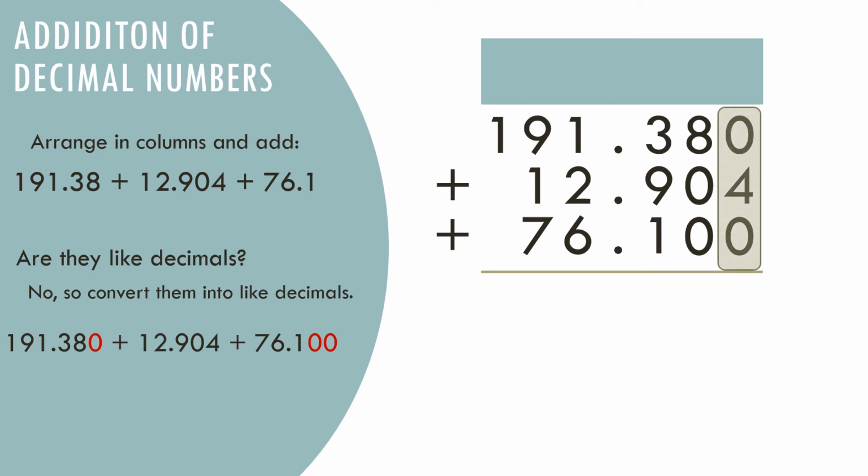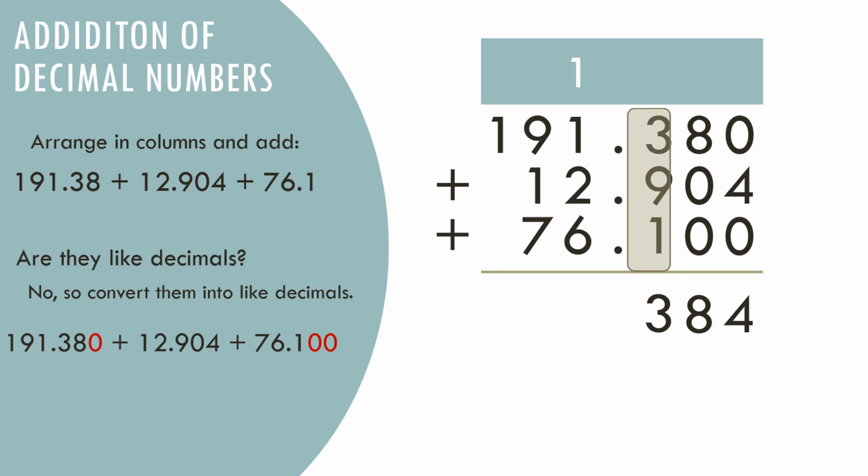Now add 0 plus 4 plus 0 is equal to 4. So write 4 below the line. Then add 8 plus 0 plus 0 is equal to 8. So write 8 below the line. Then add 3 plus 9 plus 1 is equal to 13. So write 3 below the line and carry 1 to the ones place. Then write the decimal point as it is. Now add 1 plus 1 plus 2 plus 6 is equal to 10.